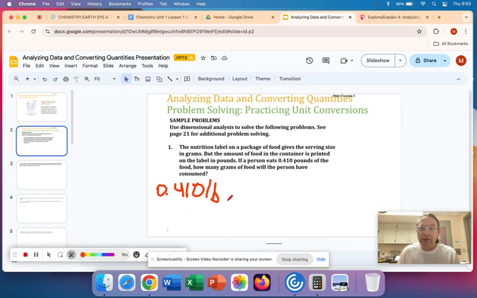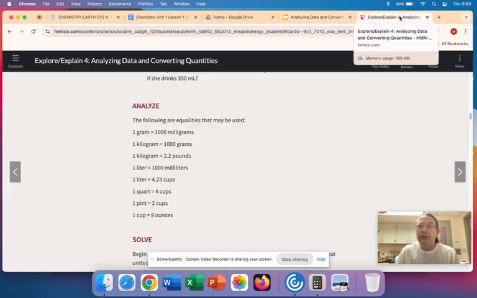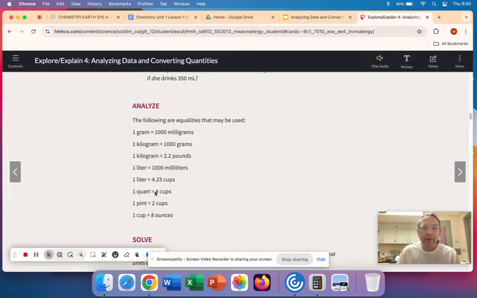That makes total sense, right? Of the food. How many grams of food? So I need a ratio that relates pounds in the denominator and grams in the numerator.